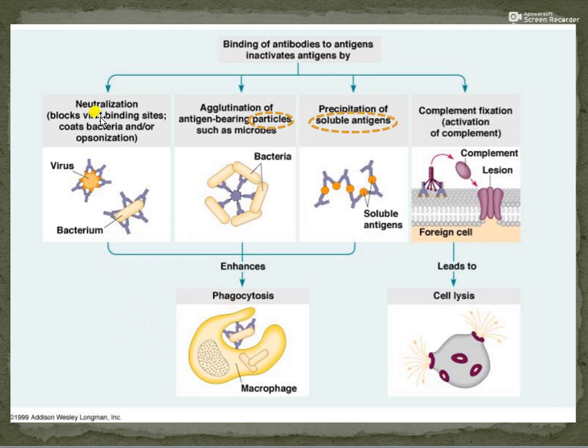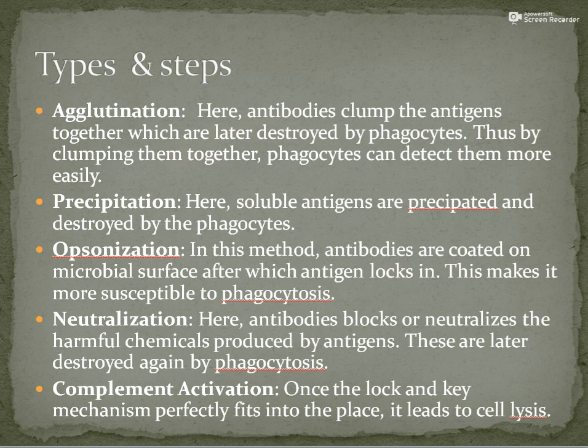And this is just another depiction of what I mentioned earlier: the neutralization reaction, the agglutination reaction where particulate antigens are involved, the precipitation reaction where soluble antigens are involved, and the complement fixation reaction. I had already mentioned these different steps.